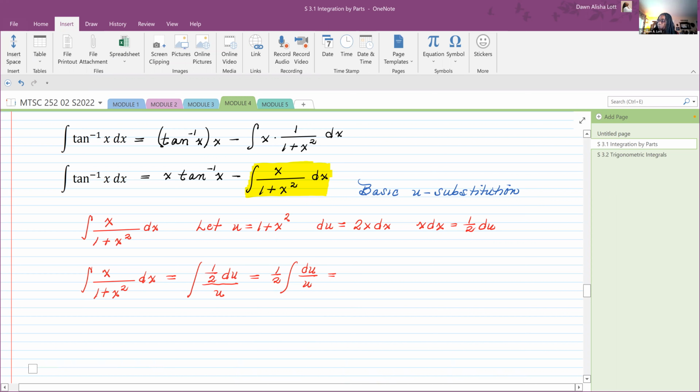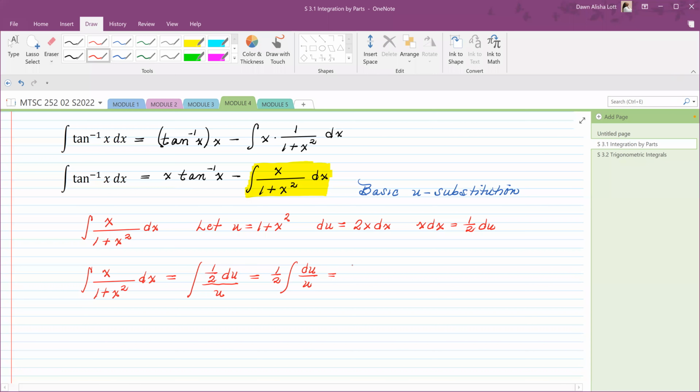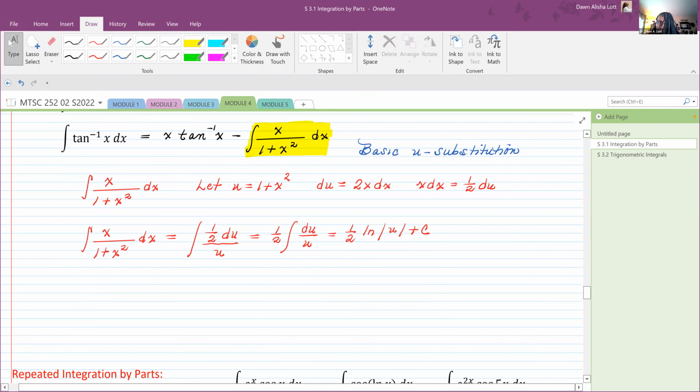Yes, it is. So this is 1/2 the natural log of the absolute value of u plus a constant. So this integral turns out to be 1/2 the natural log of the absolute value of 1 plus x squared, plus a constant.